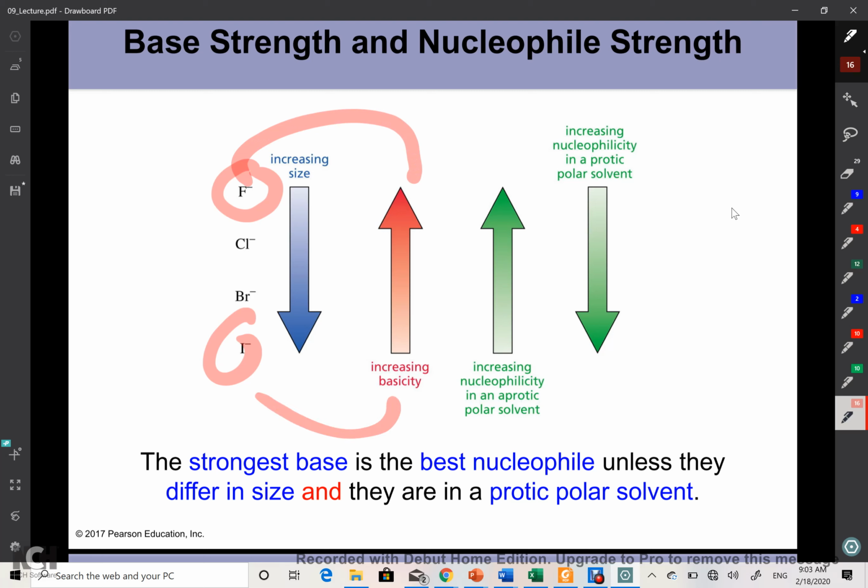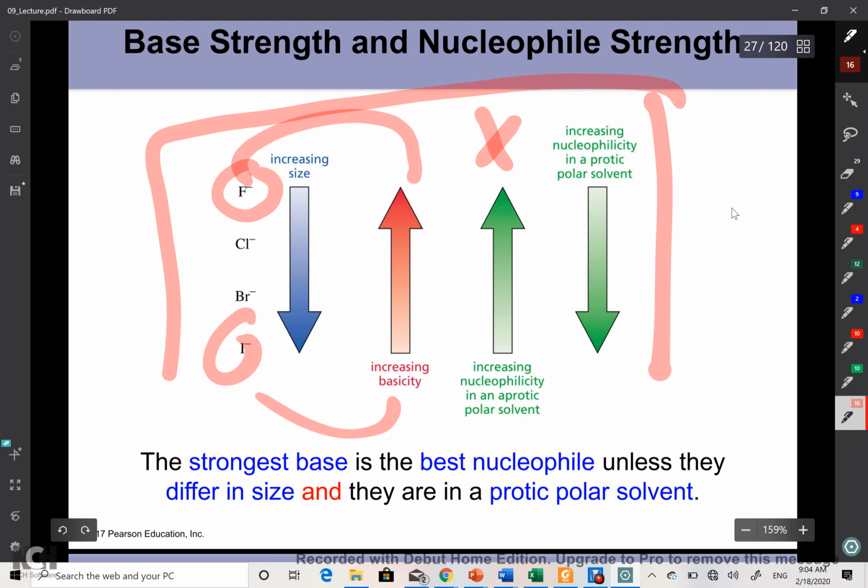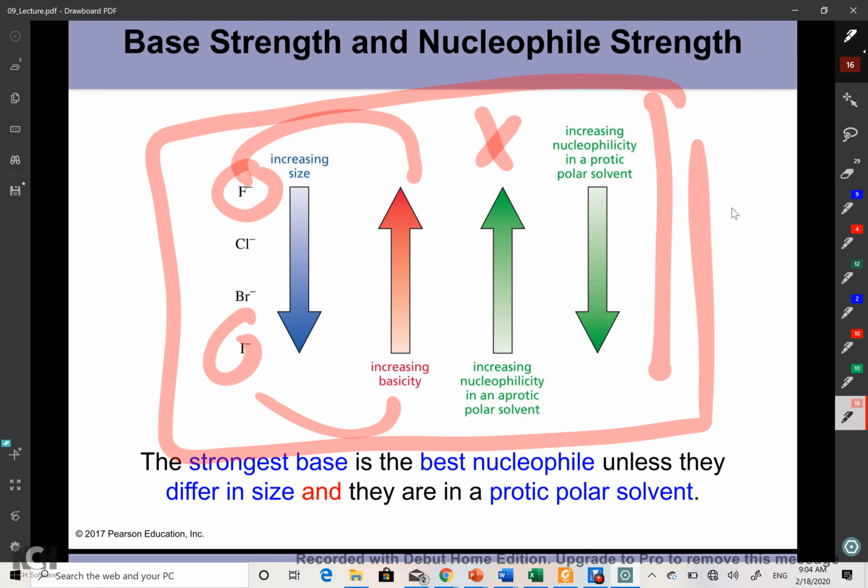Because the iodide is a weaker base, it definitely makes the iodide a good nucleophile in a polar protic solvent. So this would be a good summary to remember. What condition favors what type of nucleophile?